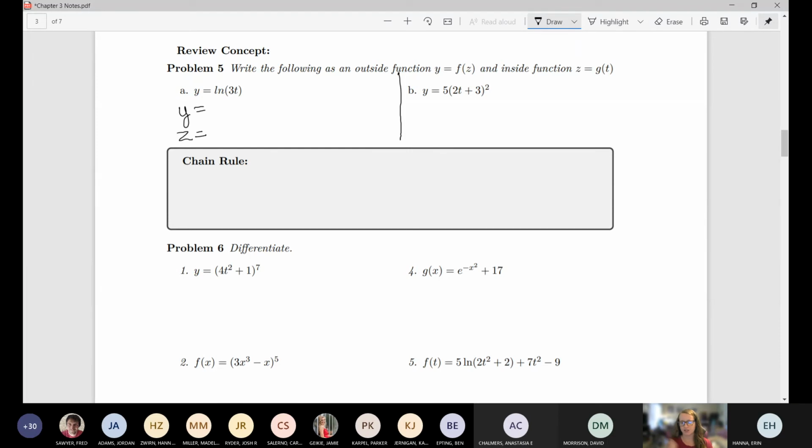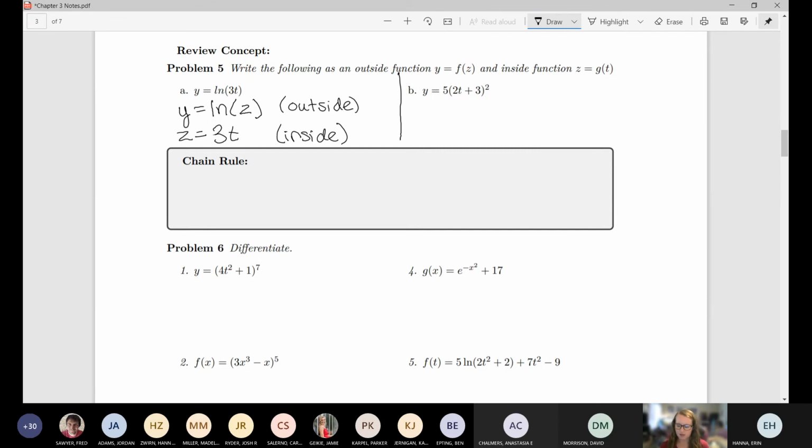So the outside function here would be the natural log. So we could say this is equal to the natural log of z, where z is equal to 3t. If I went backwards and plugged them back in, I'd get what I started with. So our outside function was natural log of something, and our inside function is 3t.